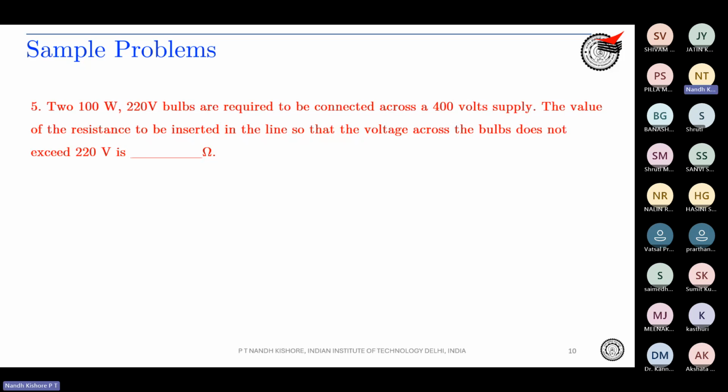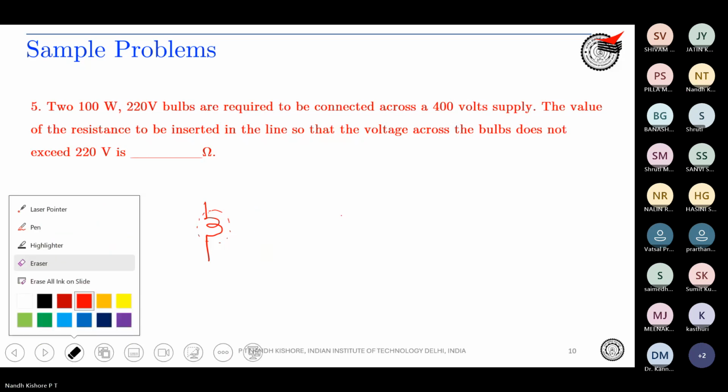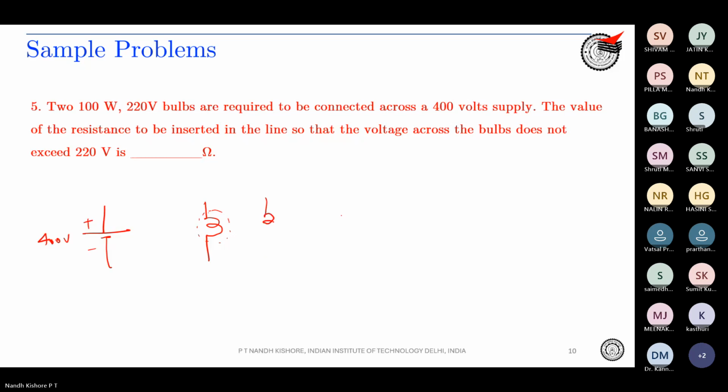So what they have given is you have a 400 volt supply, and they have told that you have two bulbs to be connected across, which means that the bulbs are actually in parallel.